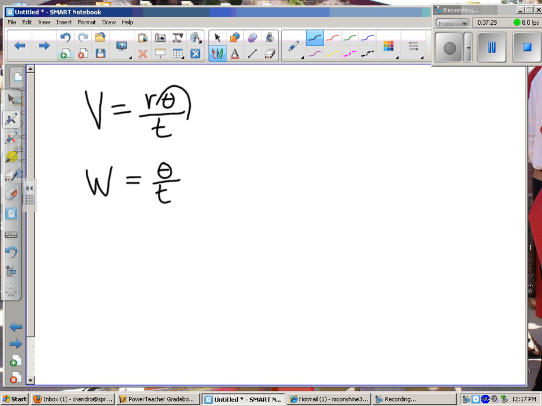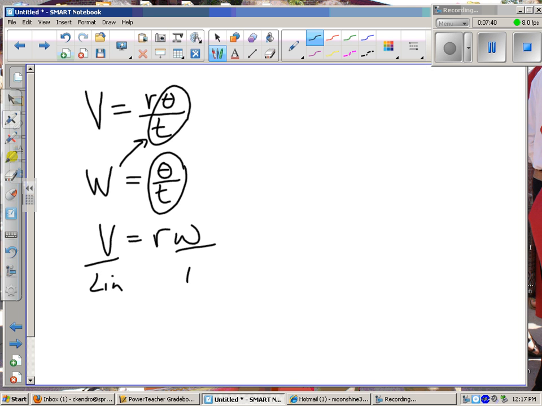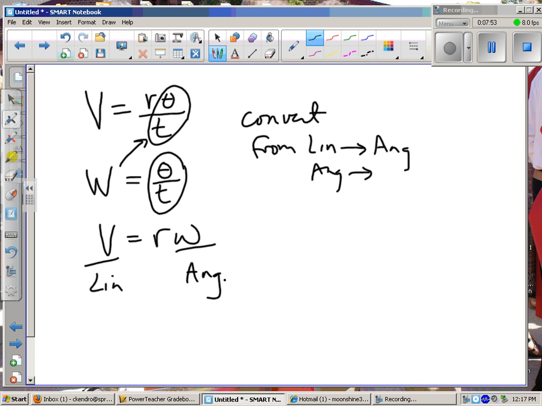If you notice, each has a theta over t. So I could put this up here and say v equals r w. Notice we have linear and angular in the same formula. This is to convert from linear to angular or angular to linear. It's a general formula that combines the two together.